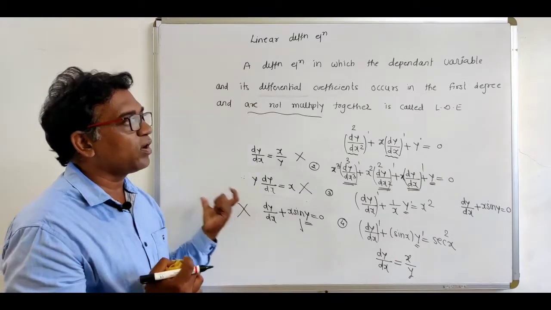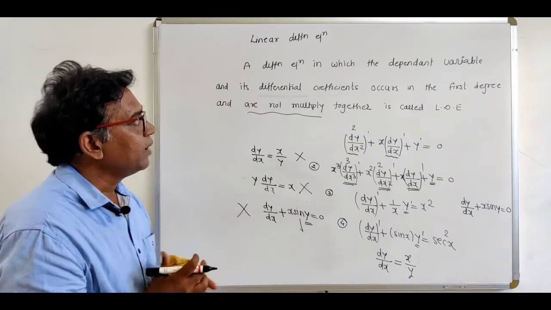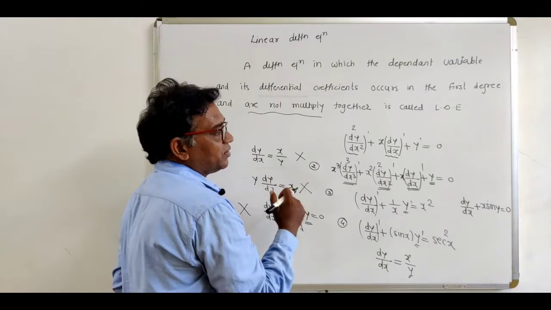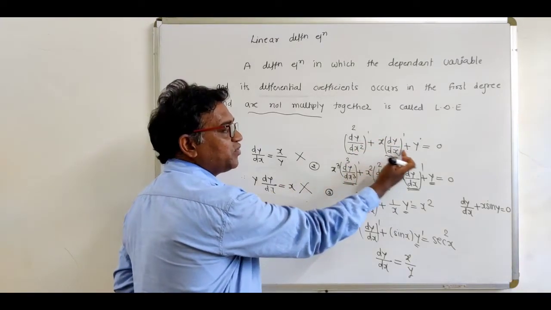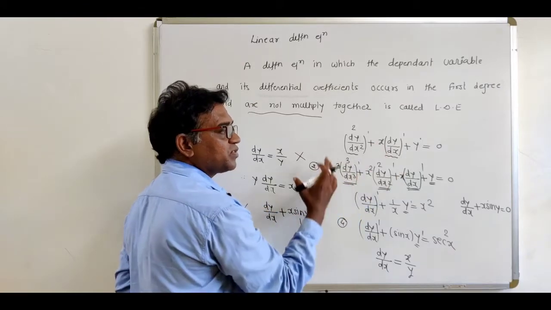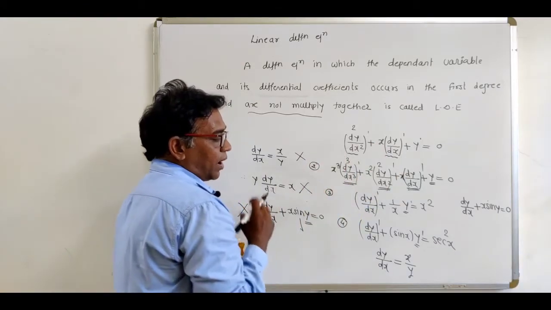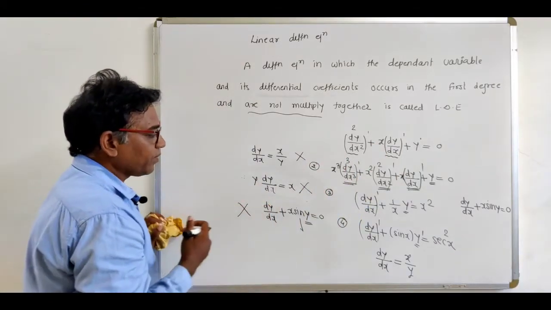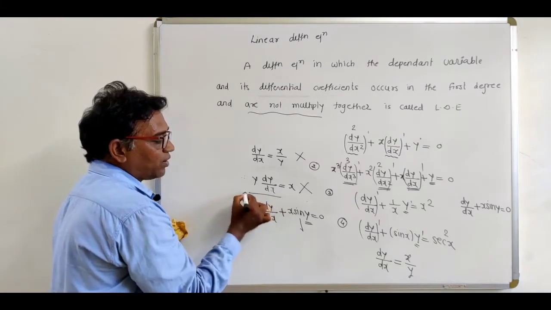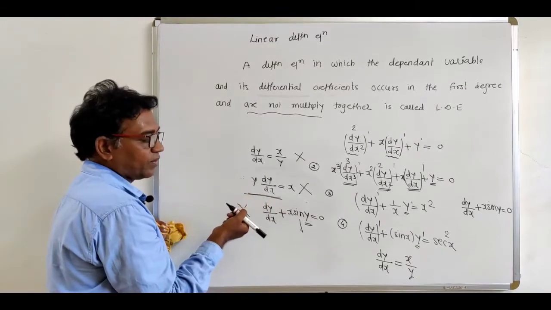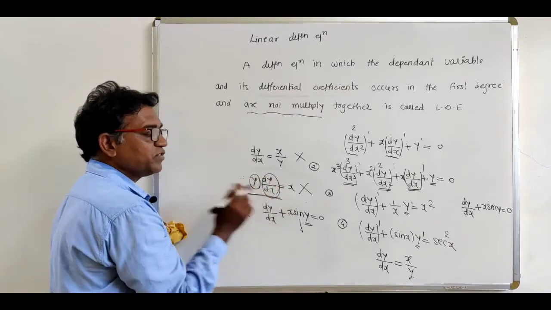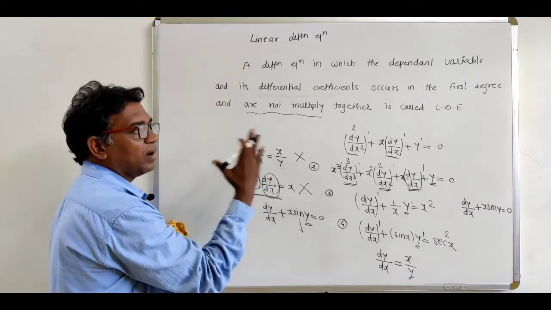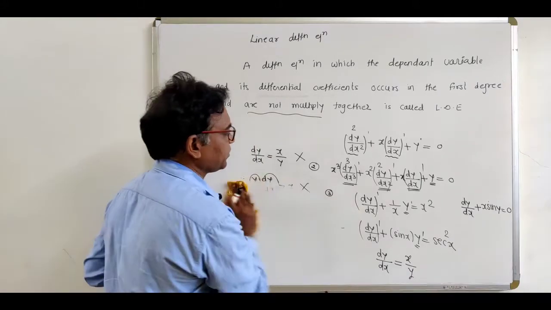There are two conditions. What is the first condition? The dependent variable y and its differential coefficient have just degree 1 only. And what is the second condition? We do not require the product of the dependent variable and its differential coefficient. That is called a linear differential equation.